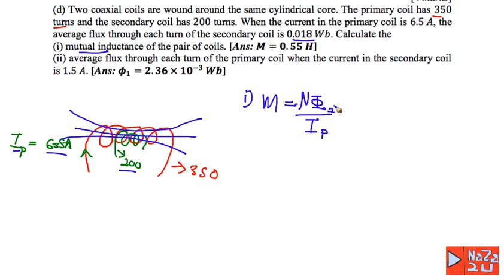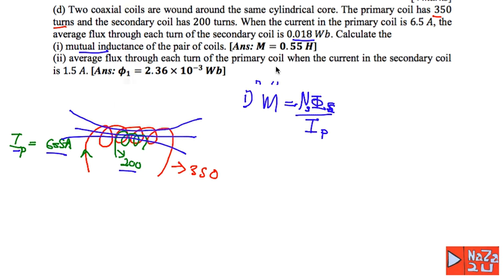I use S for secondary and P for primary, and this is the number of turns of the secondary. This is how you can find the mutual inductance of the pair of coils.